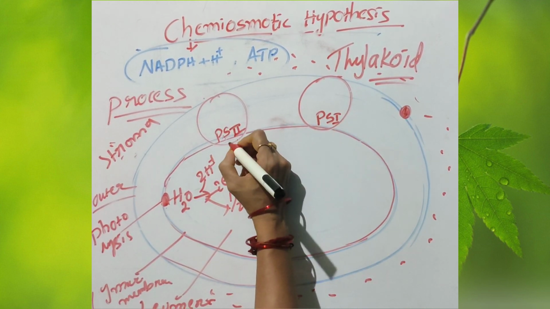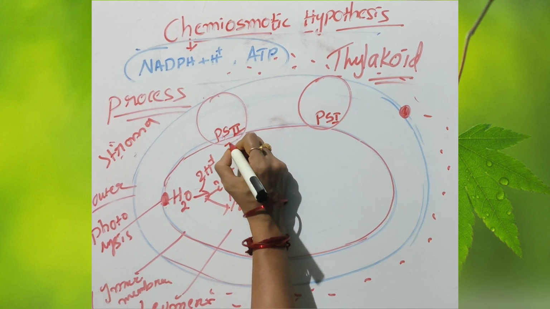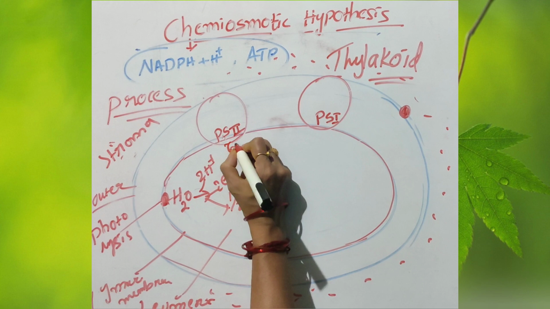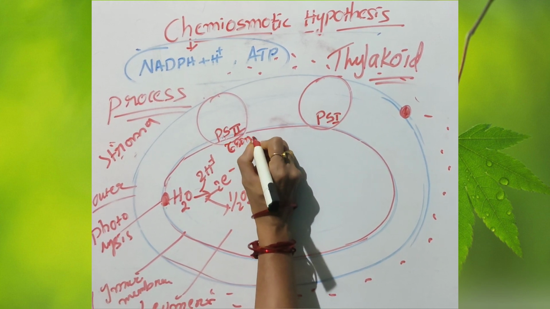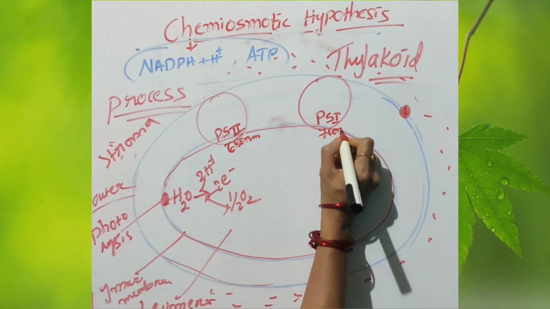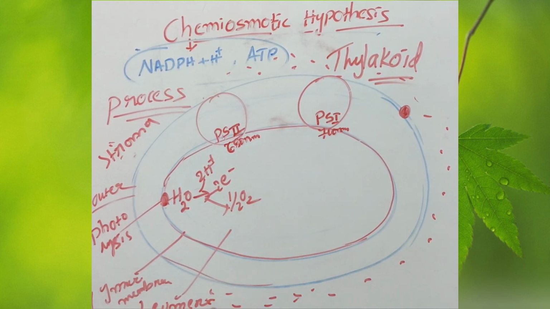The absorption center of photosystem 2 is 680 nanometers. The photosystem 1 absorption center is 700 nanometers wavelength.